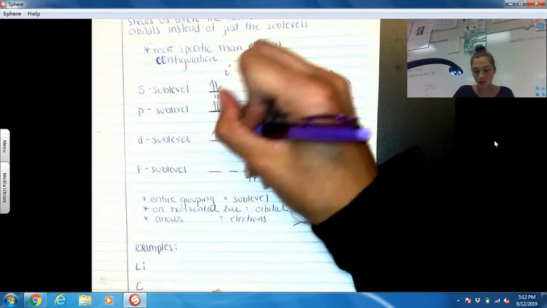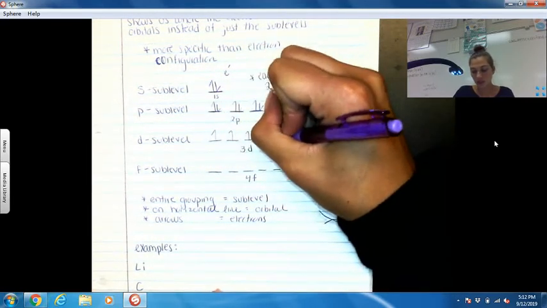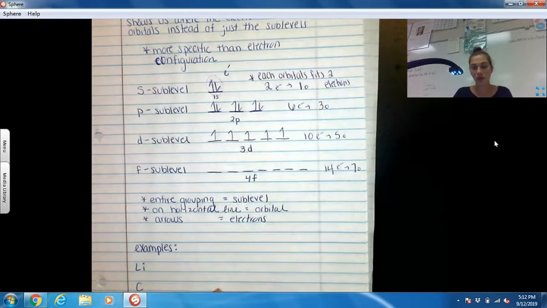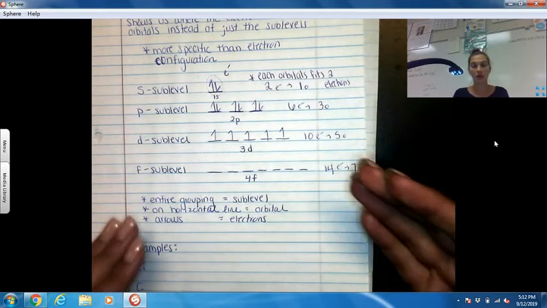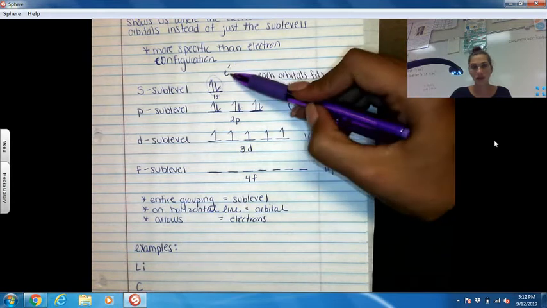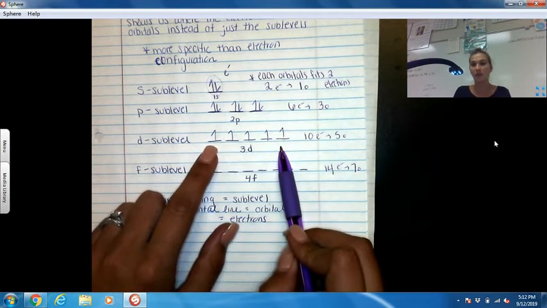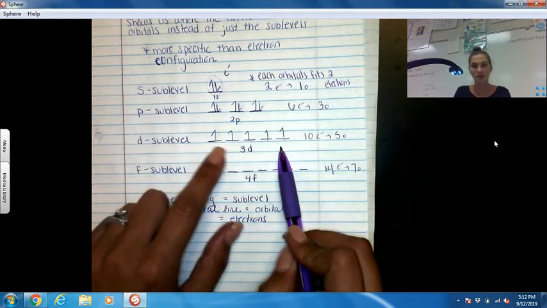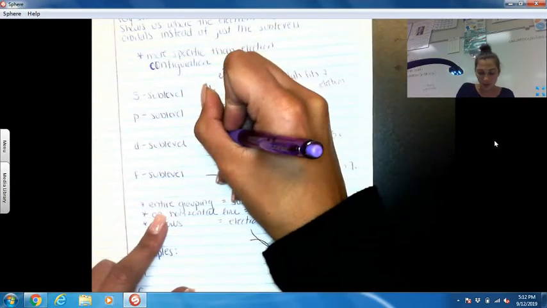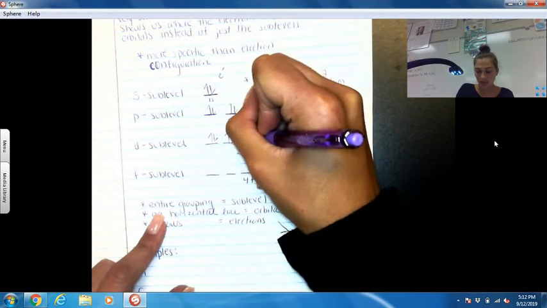So we always fill across a sublevel first, before we put a second one in, going back to the reasoning that electrons are all negative, and so negative things don't want to be next to each other unless they have to. Well, if we have to add more than 5 electrons in a d sublevel, we have to double up, we just put them in a different direction.